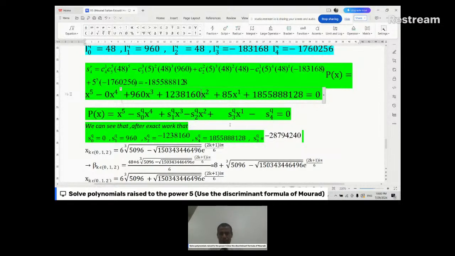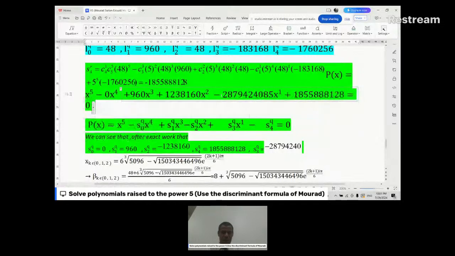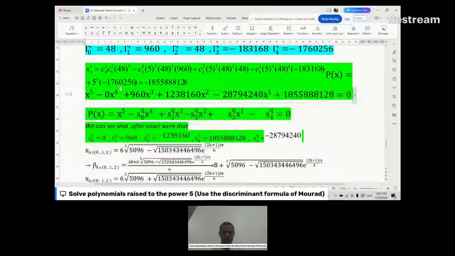Then plus S3. S3 is negative already, so it will be negative 28,794,240. Minus S4. The S4 we calculated here, the value of S4 comes here.